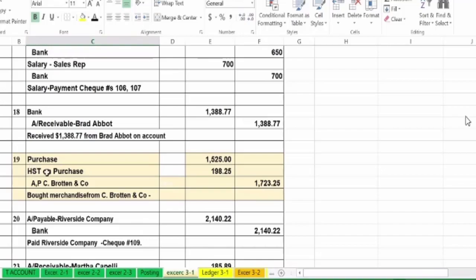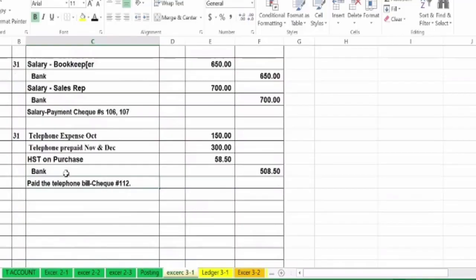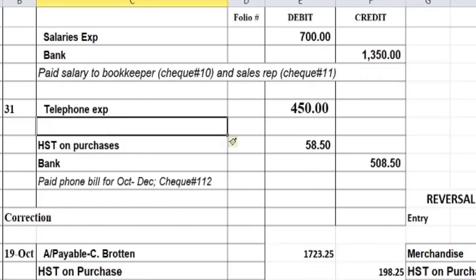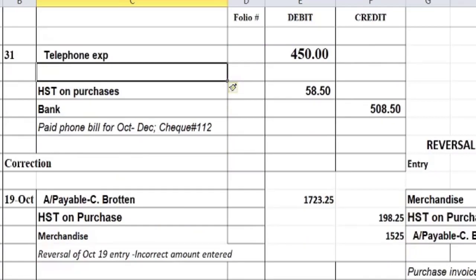To reverse it, account payable C. Bratton will be debit, that is your reversal, 1,723.25. And then HST on purchase and merchandise will be the credit side. That is the reversing.